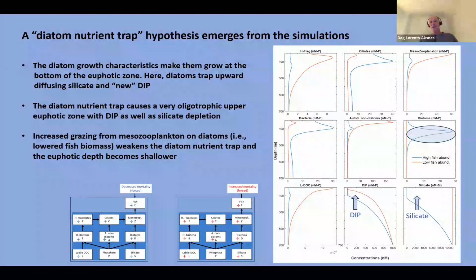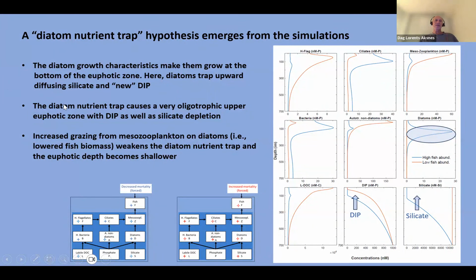Here the diatoms trap upward-diffusing silicate, because they establish at the bottom: the new silicate and the new dissolved inorganic phosphorus diffuse all the time up here, but are taken care of by the diatoms primarily, which then stops nutrients from diffusing further up into the upper part of the euphotic zone.